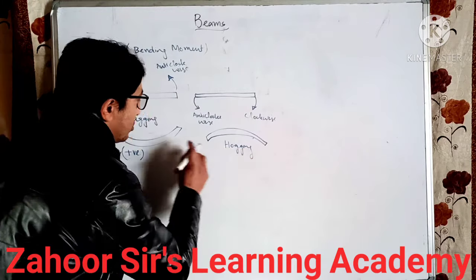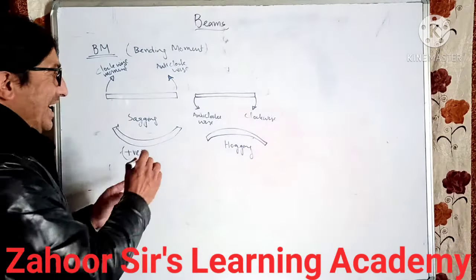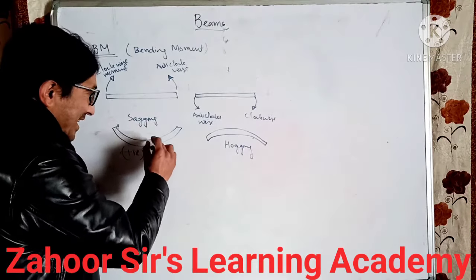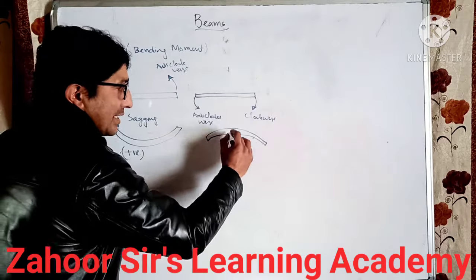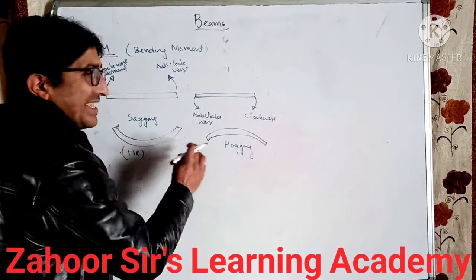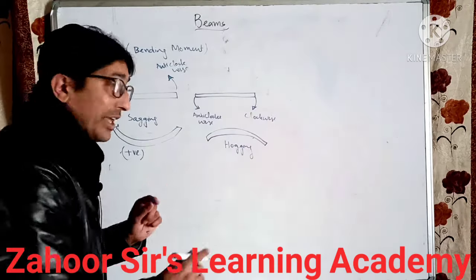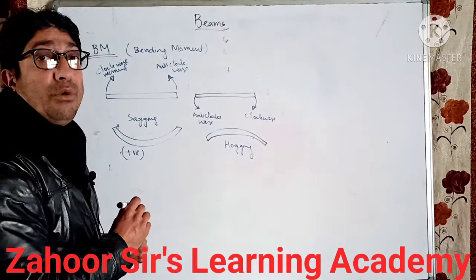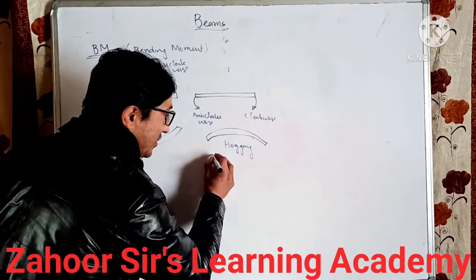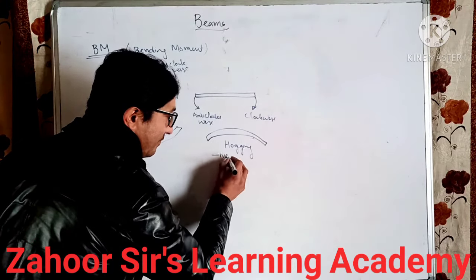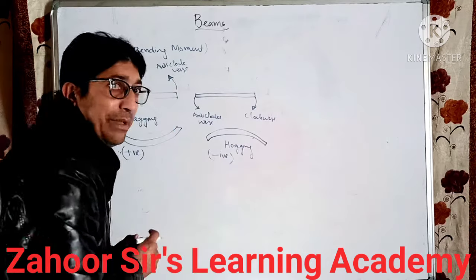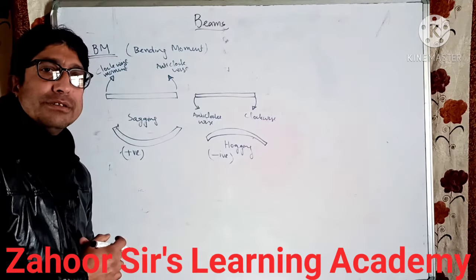It is the opposite of sagging. Sagging is like this and hogging is exactly opposite of sagging. At this point, we have to take the sign convention as negative. So BM has to be taken as negative.